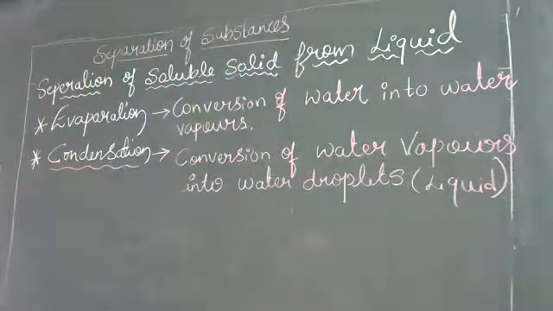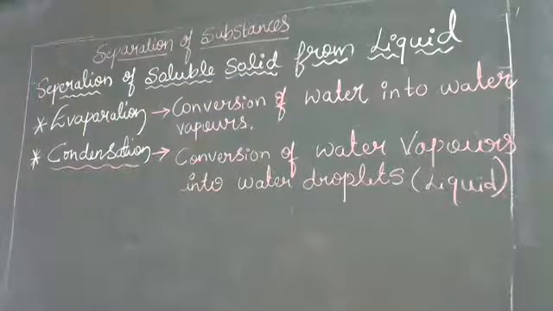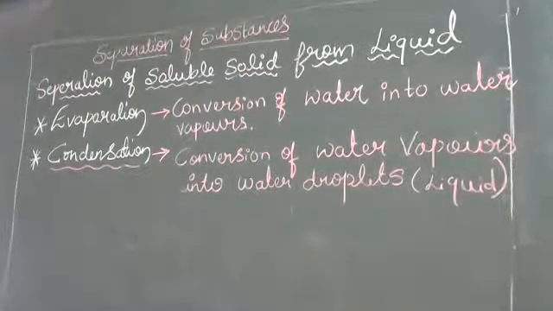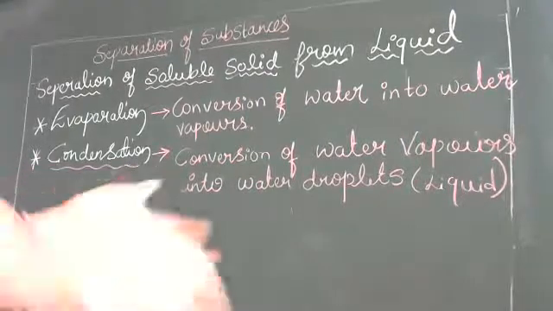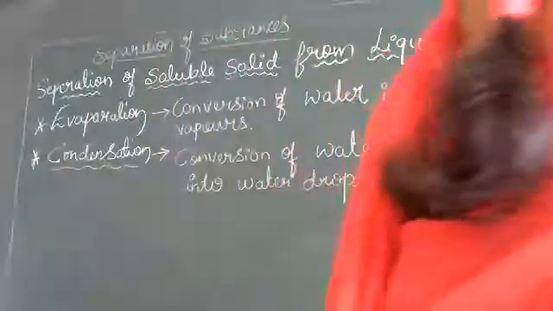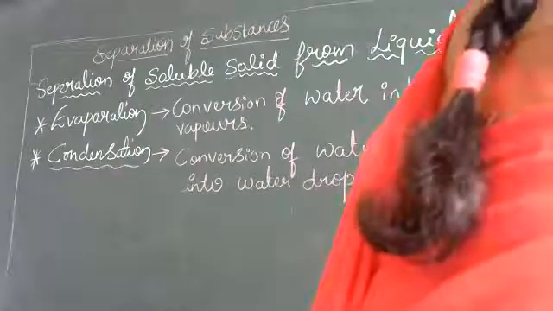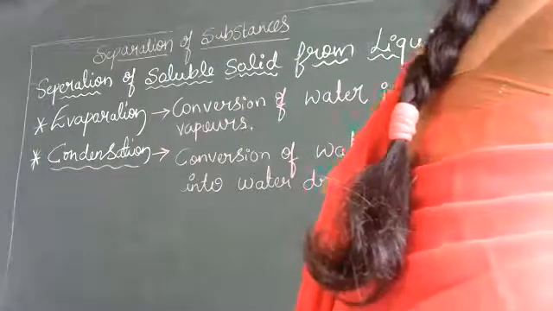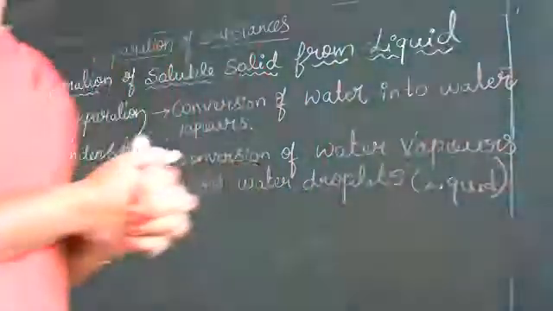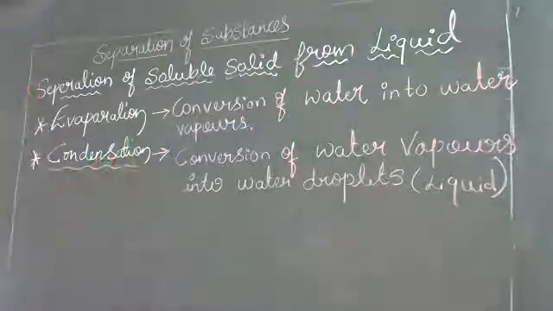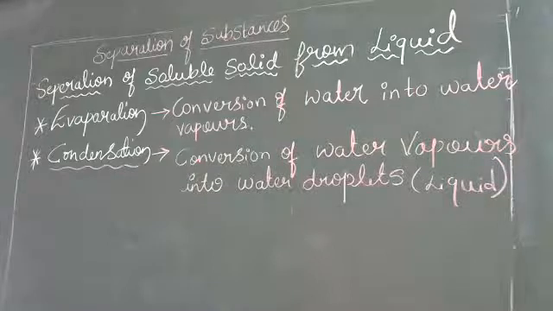So anybody having doubt in these two processes? Yes. So just go through this once again. If anybody is having doubt in these two processes, let us revise it once again. If not, then we'll move to the next method.